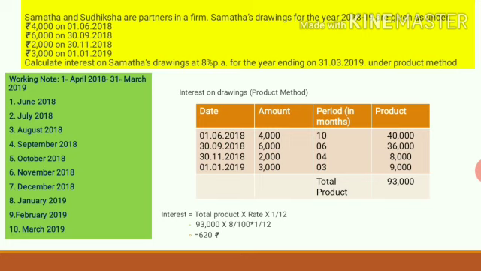Now, before solving the sum, we need to know what our financial year is. It is clear in the sum that the financial year is 2018-19. Now how does the calculation begin? It begins from 1st April 2018 to 31st March 2019. Different amounts have been withdrawn at different time intervals.